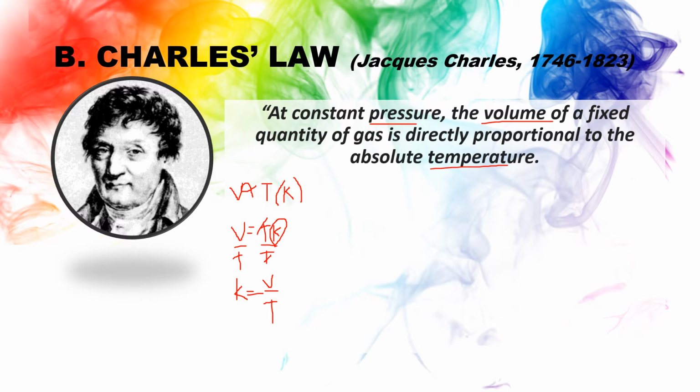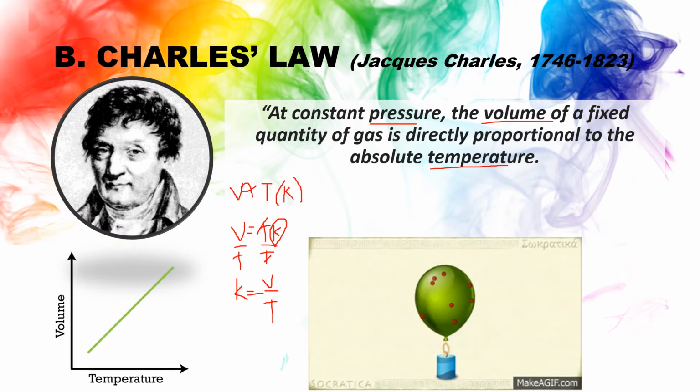Therefore, the final formula for Charles' law is V1 over T1 is equal to V2 over T2. Since volume is directly proportional to temperature, meaning if we try to increase the volume, for example, the temperature will also increase. That's why the graph is like this. Or if we try to decrease the volume, the temperature will also decrease.